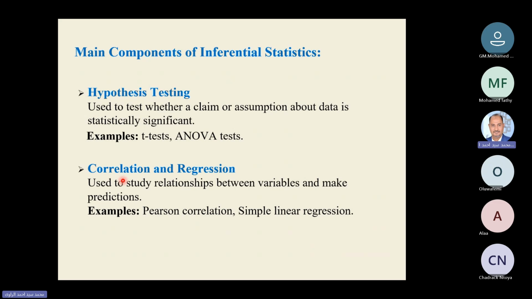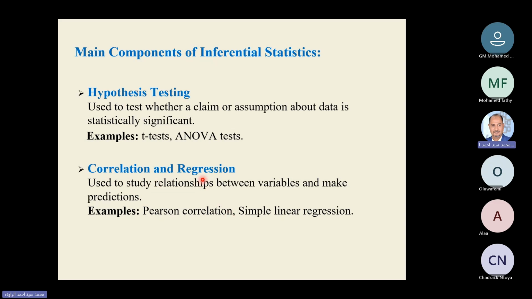For example, if we have concentration and absorbance, we determine the absorbance of different standards of concentrations. So we want to know if this relation is directly proportional or inversely proportional, or if it is a strong relation or a weak relation, or if there is no relation. So we use what is called the correlation coefficient.